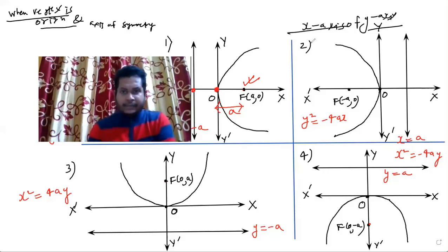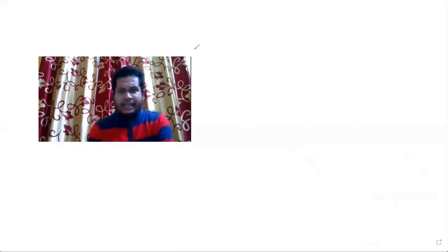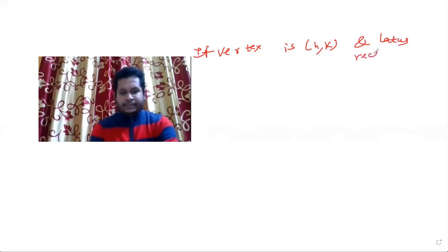Okay, so let's discuss that. The general case is that if the vertex is any point, let me take it as (h, k), and let me consider that the latus rectum is 4a. In that case, if the axis is parallel to the x-axis, the equation of the parabola will be (y minus k) whole square.